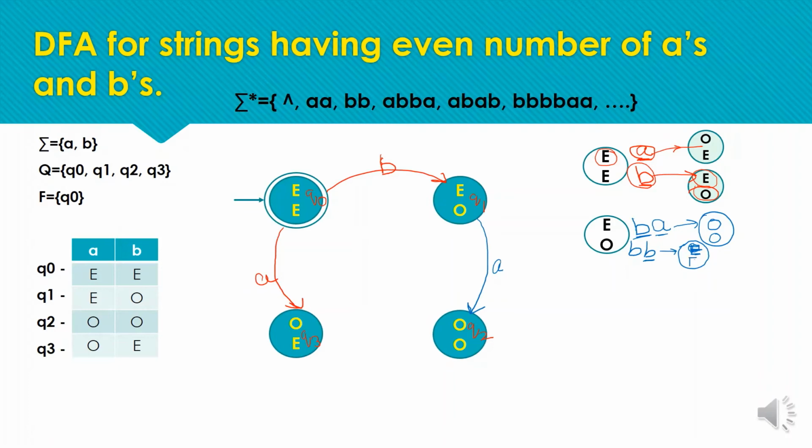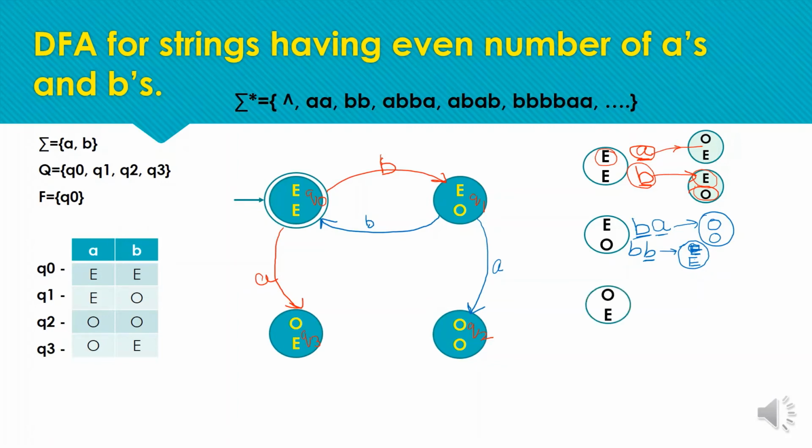So we have the number of B's as even. So we have to mark the transition for B to the state with an even number of A's and an even number of B's. Okay, I hope this logic is clear to you, and you can complete all the states accordingly.